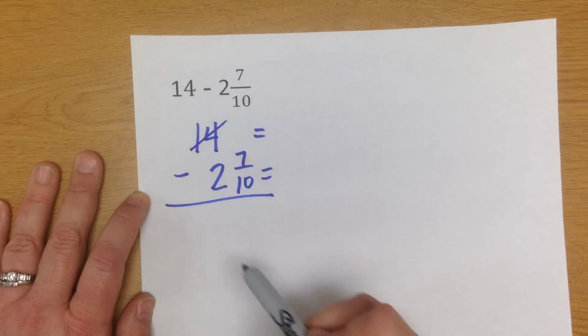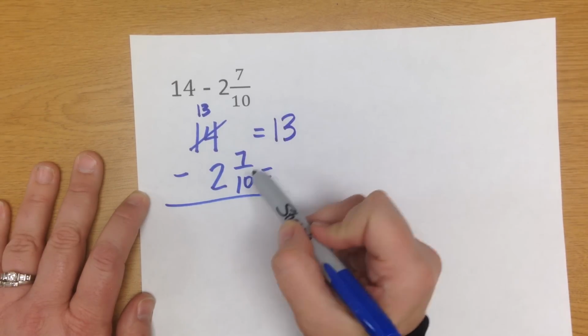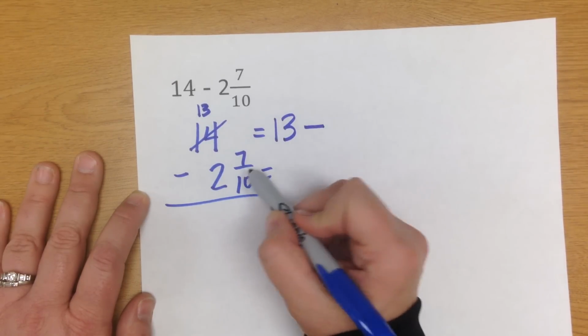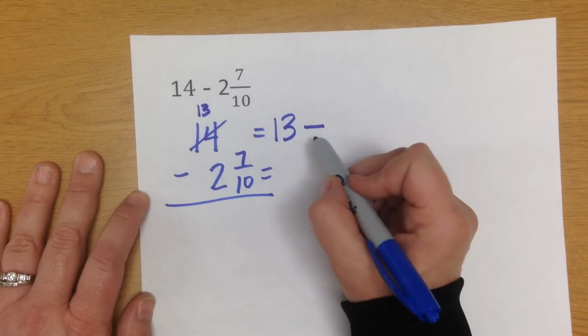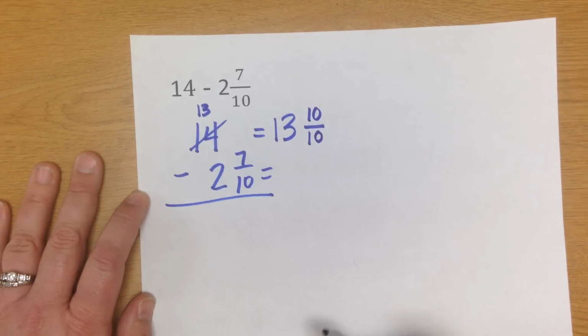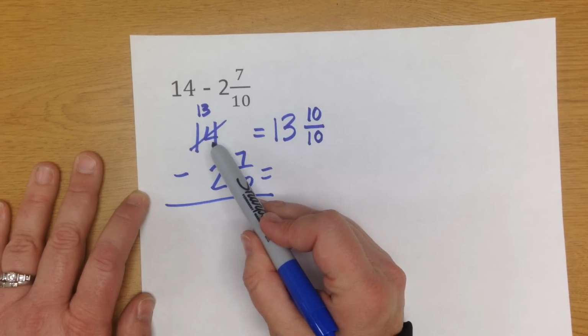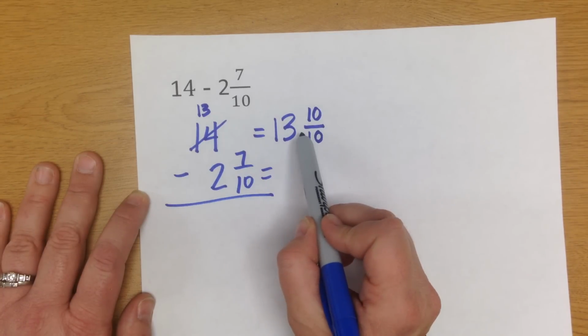So you borrow from the 14, call it a 13, and then this time I'm going to look ahead and know that I need to subtract 7/10. So that one whole that I borrowed, I'm going to call it 10/10. So again, 13 and 10/10 is equal to 14. So I didn't change this number at all.